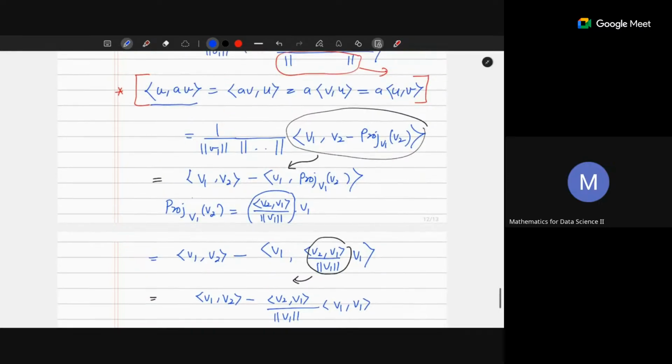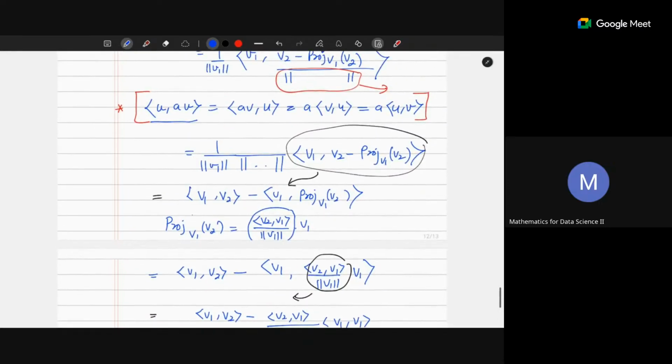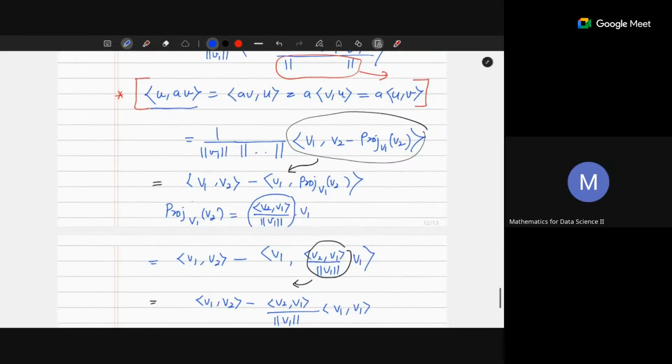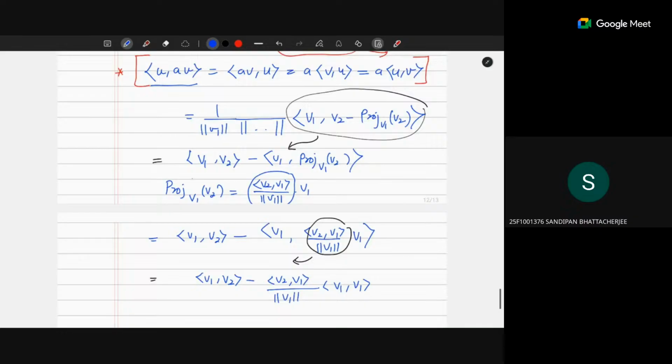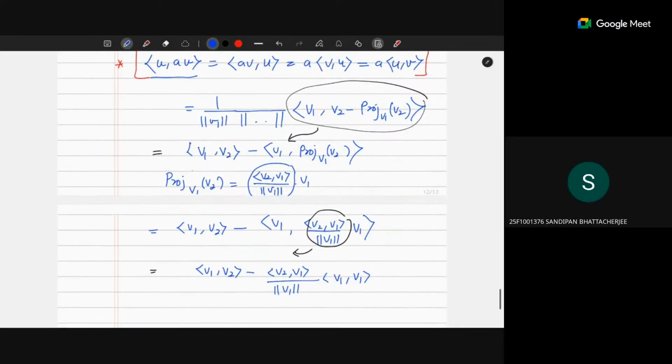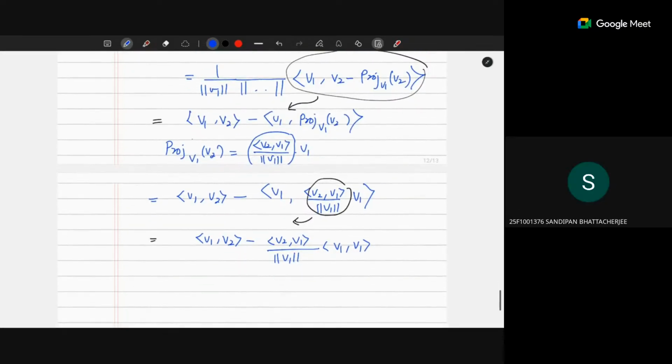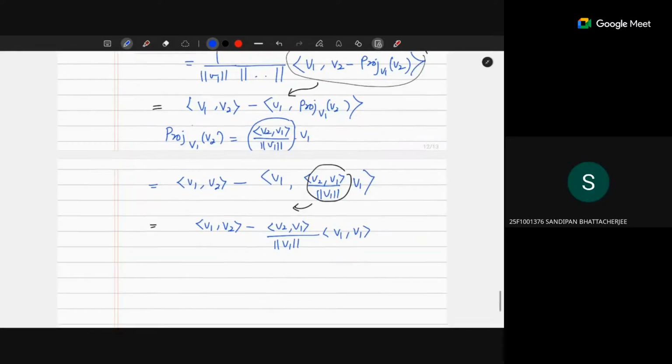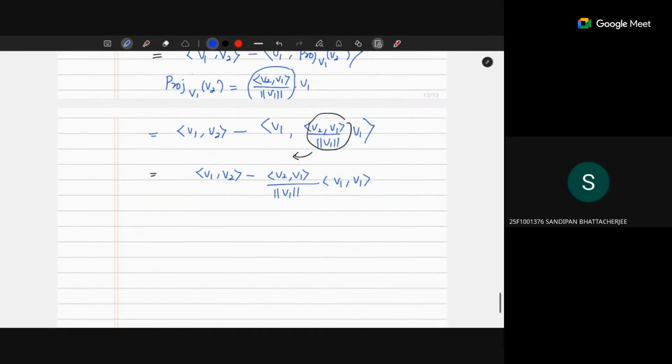I think there is a problem. When you do this and get this term, V1 V2 by this norm of V1, you pull this one out by that norm of the other thing, which is still a real number, so we get only V1 comma V1 and V2 inner product.